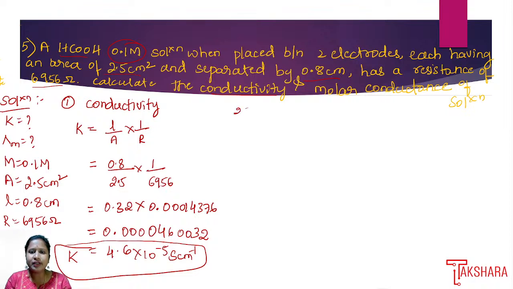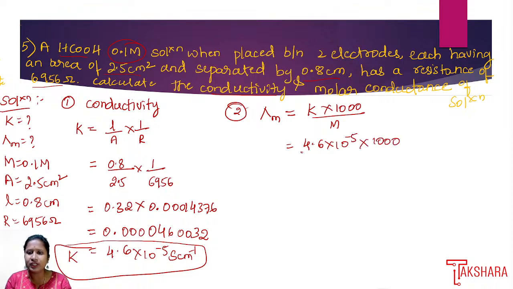Then second, we need to find out the molar conductivity. So lambda M equals conductivity into 1000 divided by M. K we got, that is 4.6 into 10 power minus 5 into 1000 divided by M, which is 0.1 given in the question. Now 1000 we can write as 10 power plus 3.